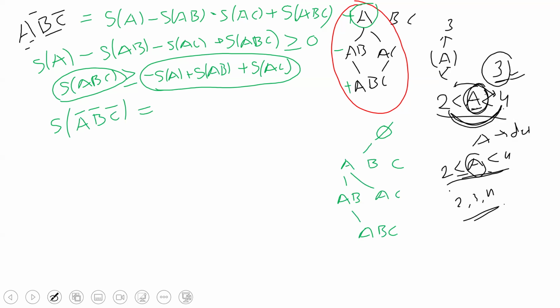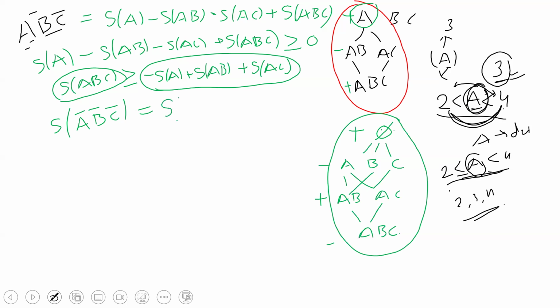So now how are you getting from here to here? You're reaching through everything of this, right? So AB is combined, AC is combined, and then ABC is combined. So now you're going through all the rows from here to here. This comes positive, this comes negative, this comes positive, and this comes negative. How do you write it?